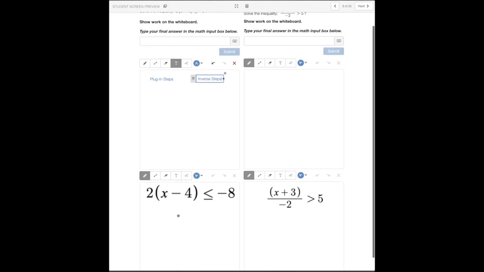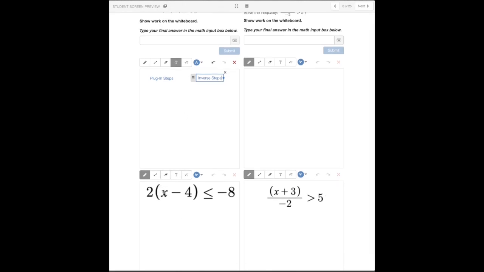Okay, so I look at this one and I say, what's the first? I always start with x. The first thing that happens to x, you have to remember order of operations says do everything inside the parentheses first. So the first thing that happens to x is that we subtract 4 from it.